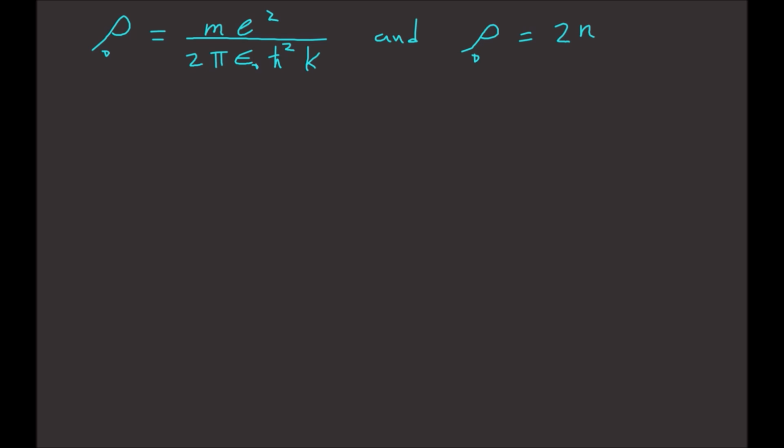Combining these two equations, we get k equals m e squared divided by 4 pi epsilon naught h bar squared times 1 divided by n squared.